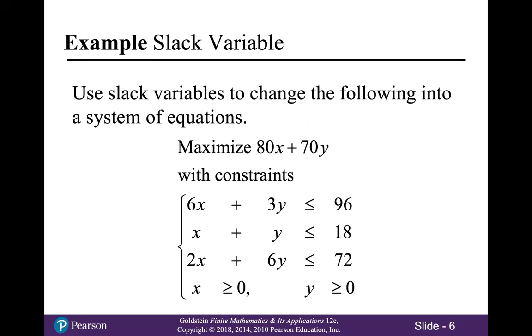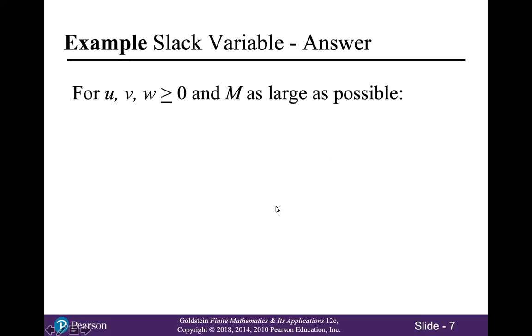All right, so we're going to use slack variables to change this system of inequalities into a system of equations. You need one slack variable for each of the constraints other than these two. You can ignore these two and just focus on the other three. It's traditional to use u, v, and w for the slack variables.